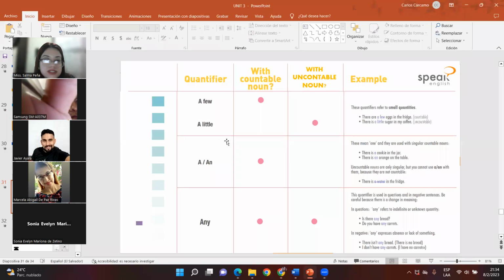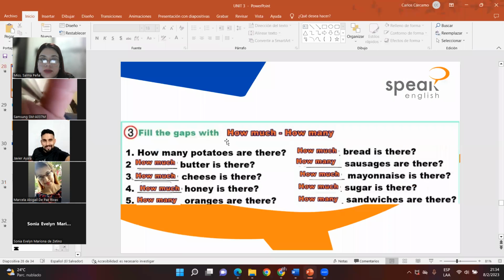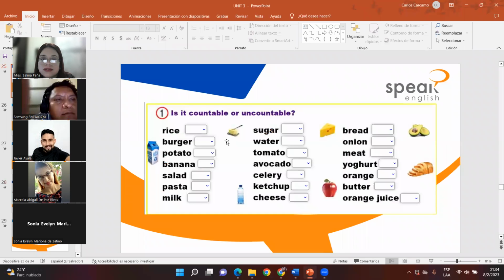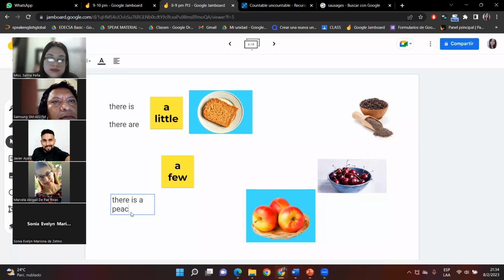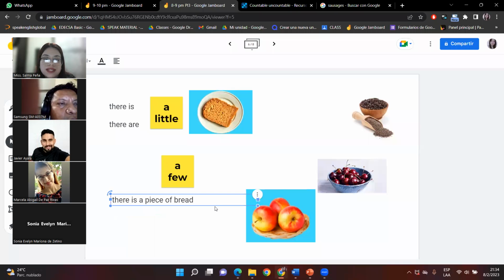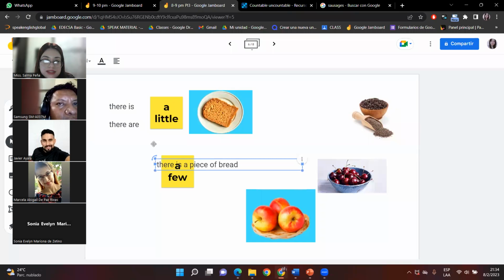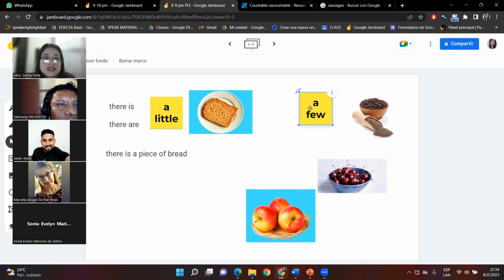Okay, if you remember, we talked about defining quantities. Yes, you are right. Like this one, right? A piece of bread or a slice of bread. A piece. Okay, but if you create this sentence, you are not using the quantifier.